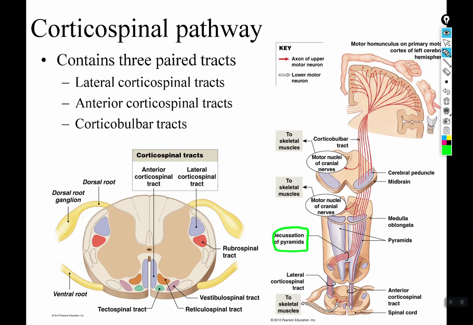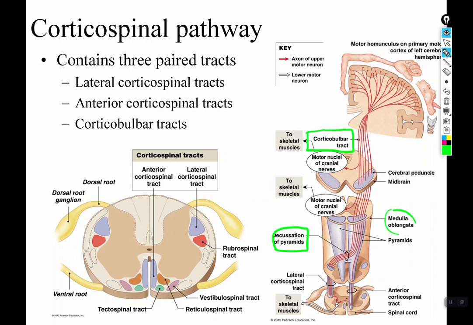And then if you'll notice, the corticobulbar tract is the one that's associated with cranial nerves. So it's going to extend to skeletal muscles and motor nuclei of cranial nerves at both levels, so in the cerebral peduncle and also inferiorly, some of them in the upper medulla, depending on what motor control needs to happen.